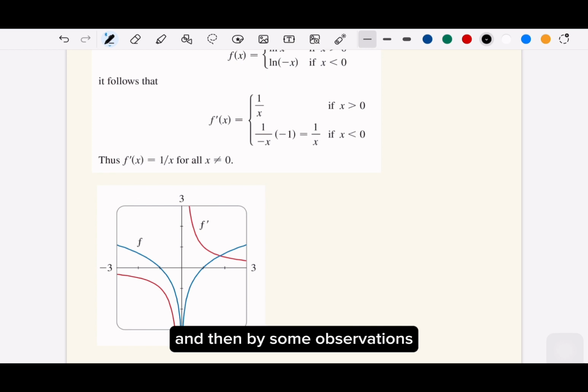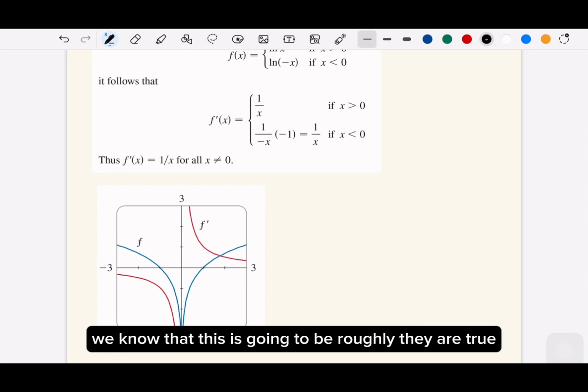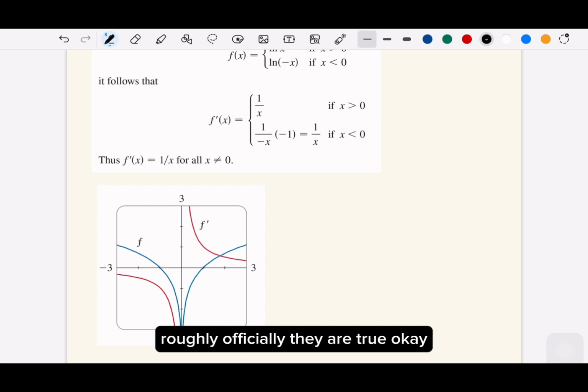By some observation without checking the exact value, we know that roughly, visually, they are true. So the blue one is the ln, and the red one is the 1 over x.